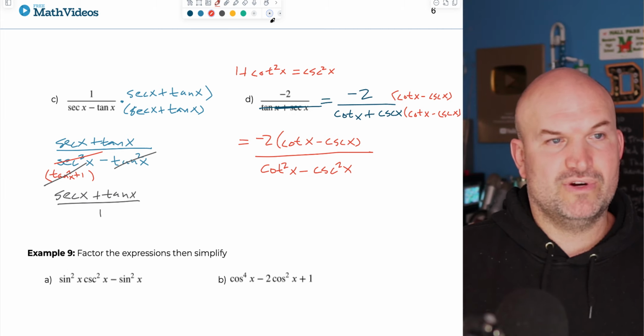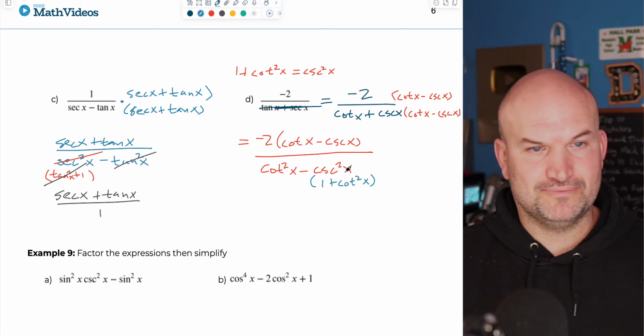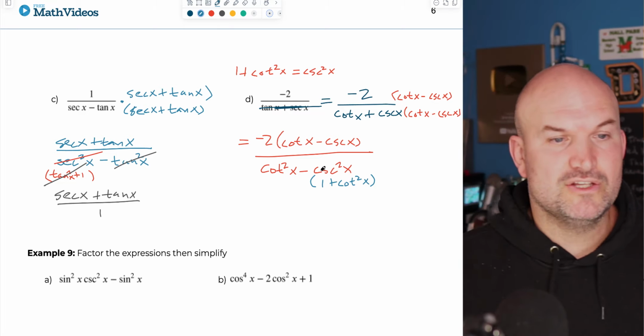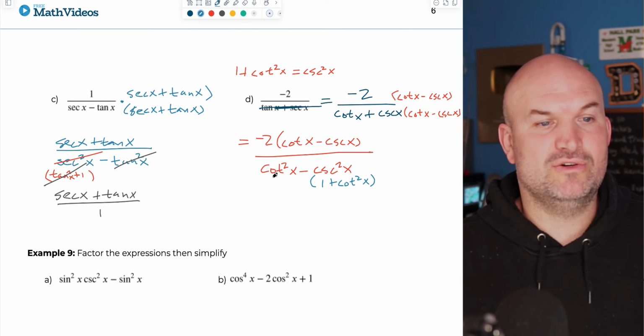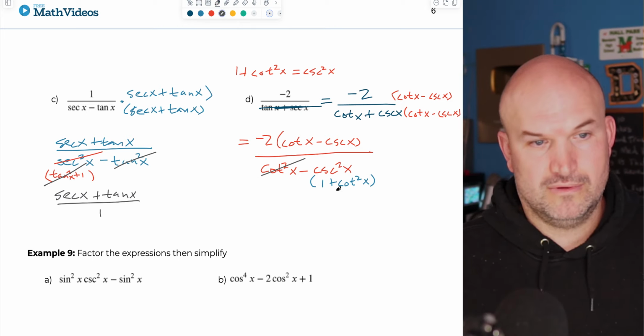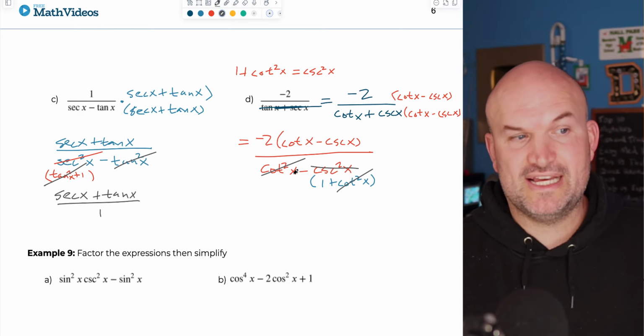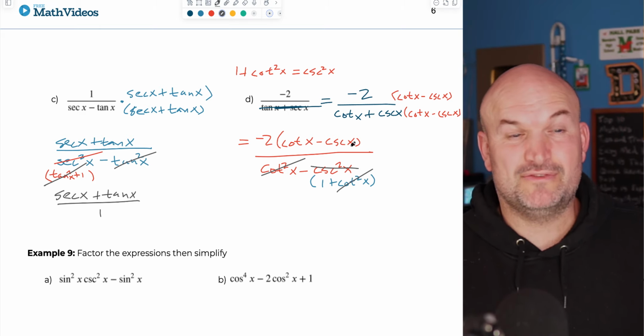So I can rewrite this as 1 plus a cotangent squared of x. There you go. Now my cotangents are going to subtract out, and I'm going to be left with a negative 1.